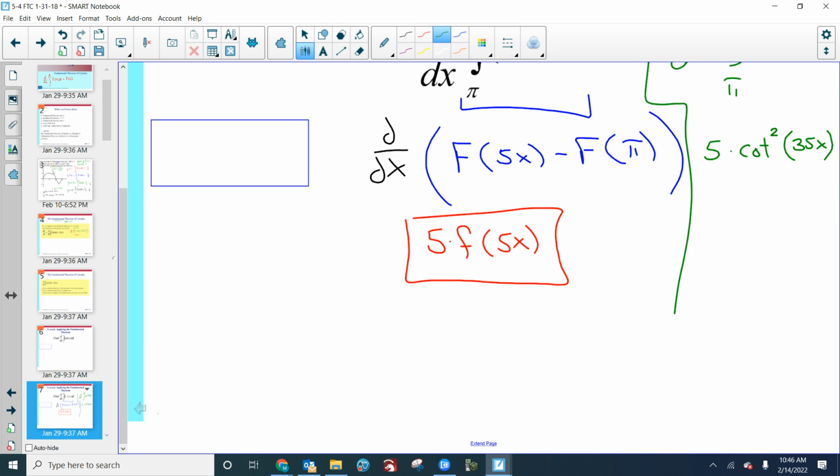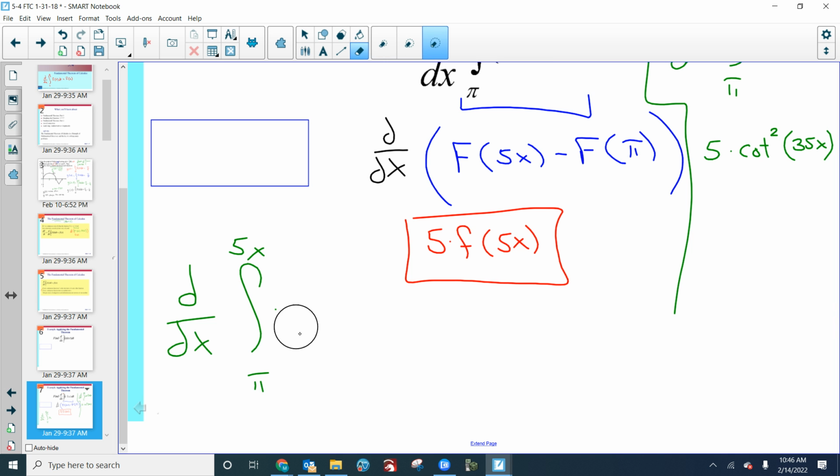All right. What if it's the derivative from pi to 5x of t squared minus 2t dt?